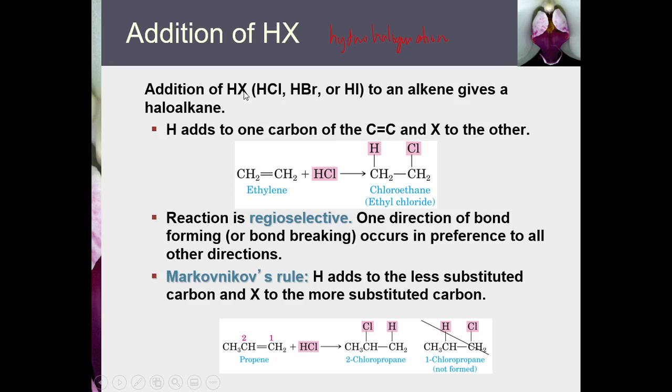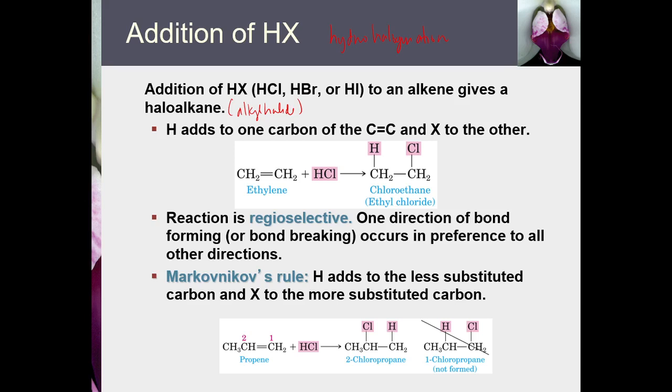Addition of HX to an alkene gives a haloalkane, or in other terms, an alkyl halide. So the hydrogen adds to one carbon of the carbon-carbon double bond, and yung halogen will bond to the other carbon.